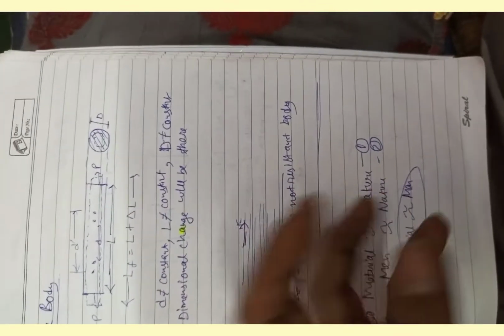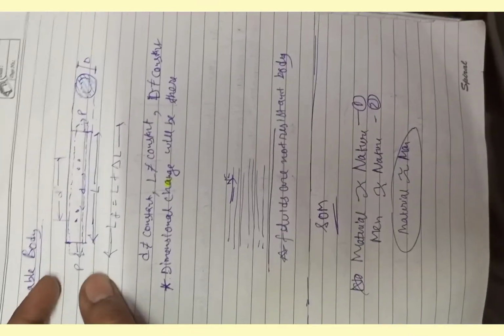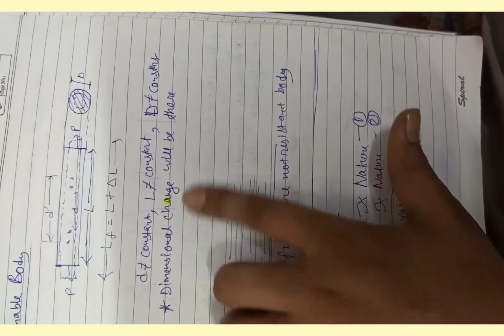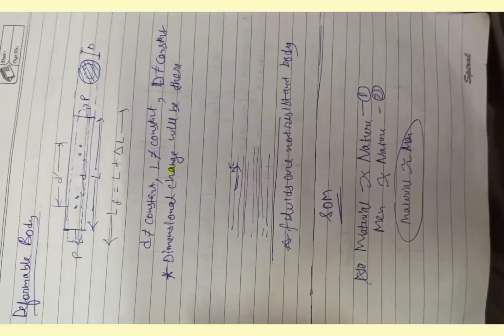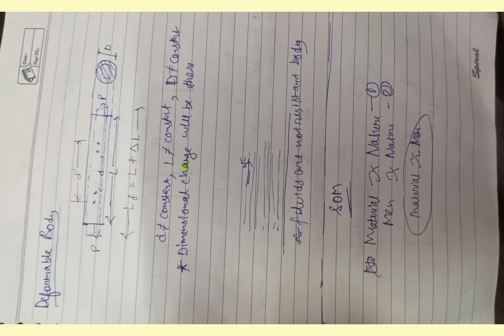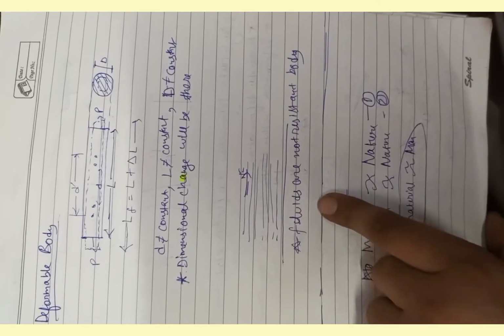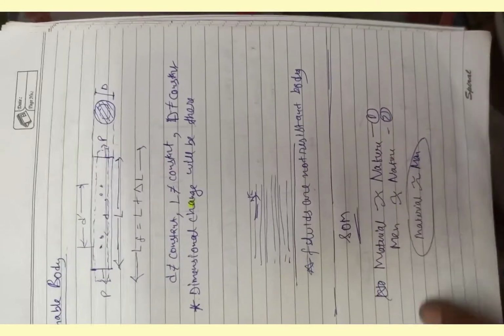The L will increase and the D will get shorter. Dimension change will be there, in terms of diameter and in terms of length. Fluids are not resistant bodies.